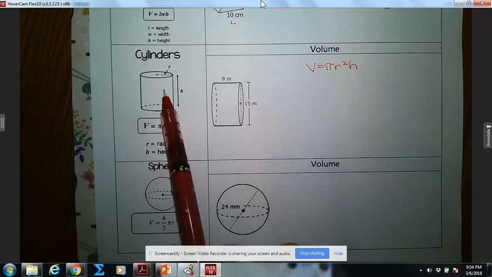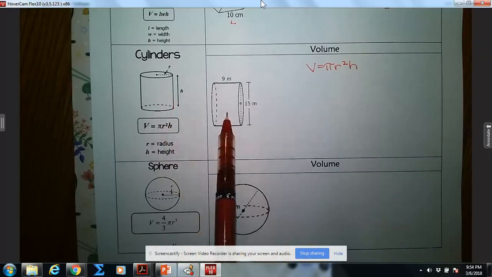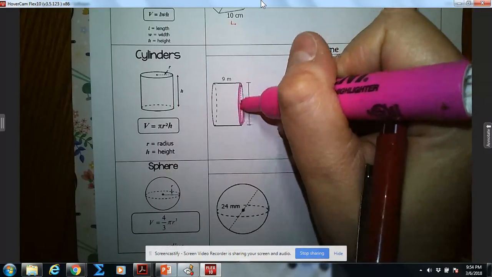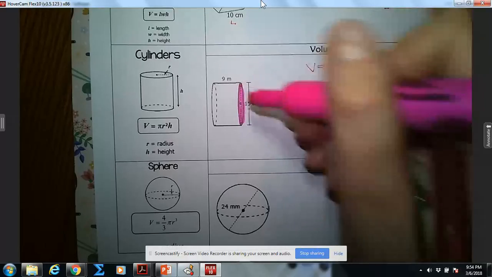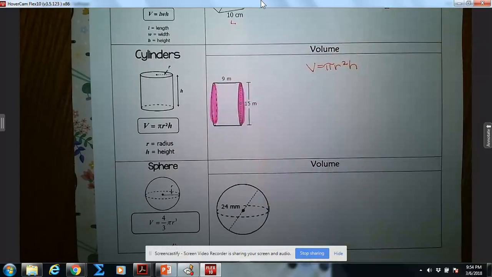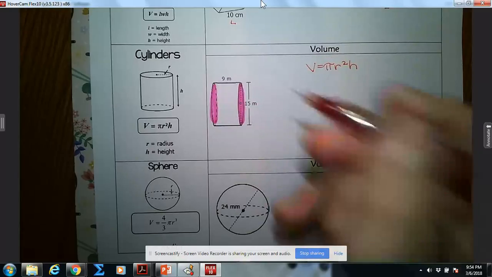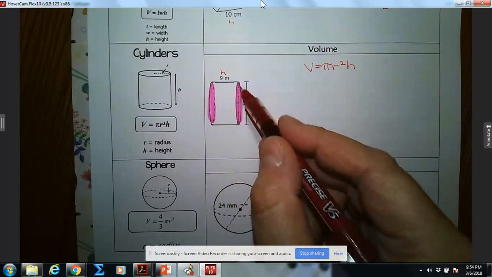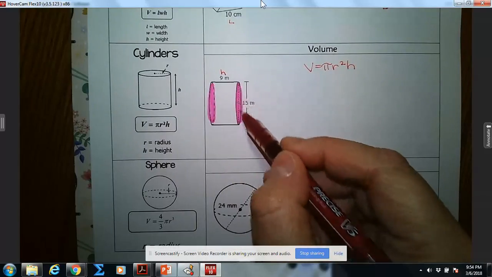But realize this cylinder is not sitting on its bases. The bases of the cylinder are the circles. So this has been tipped over. You need to, in your mind, tip it back over. That would make 9 the height, and it would make 15 the width of the entire cylinder.